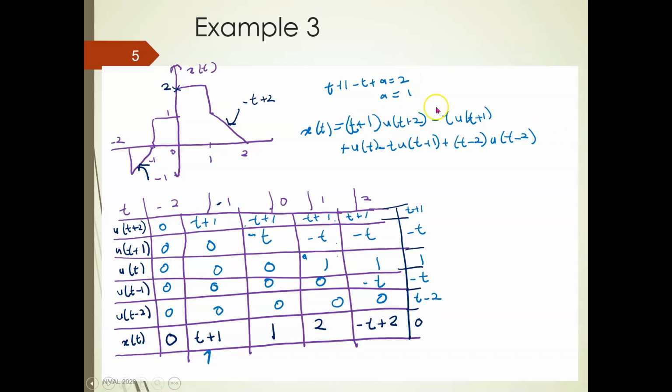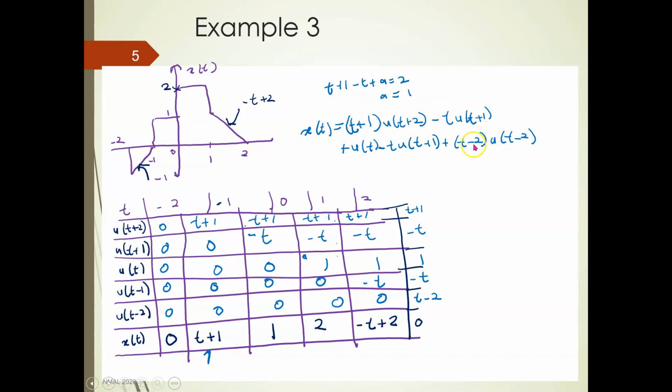You have 1, 2, 3, 4, 5 different functions. You add these together, right? So for this answer, you can just leave it like this. You cannot put a ramp u(t+2), because in order for you to put a ramp, the expression outside the bracket of u must be the same as what is inside.